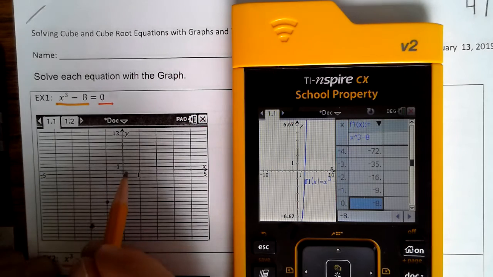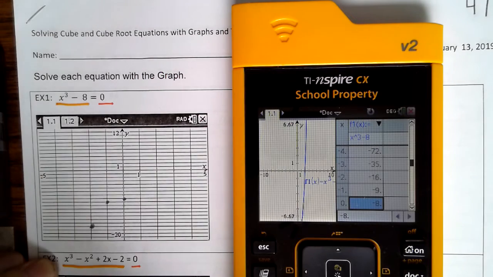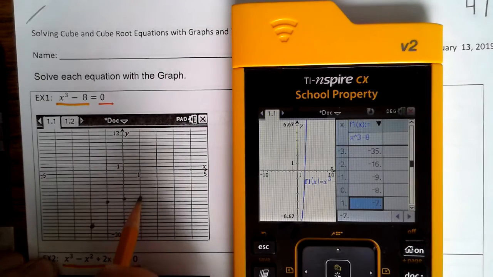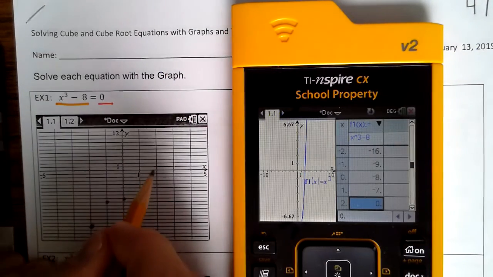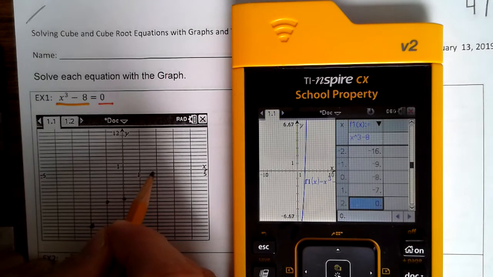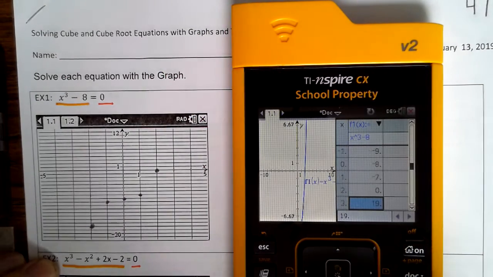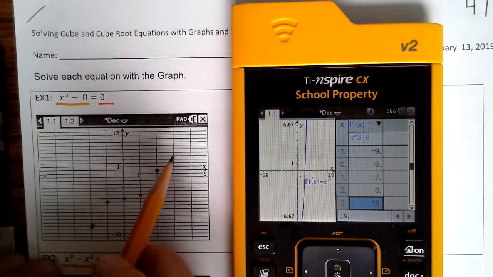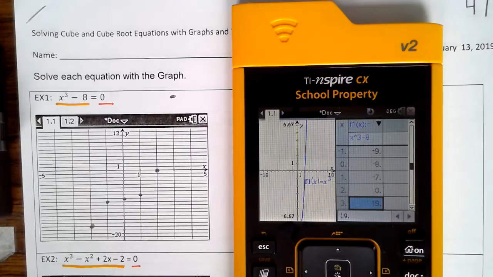Well, that's easy because if that's negative 9, that's negative 8. 1, negative 7. 2, 0. And 3, 19. Well, 19 is probably somewhere up here. Okay. So we're going to graph.